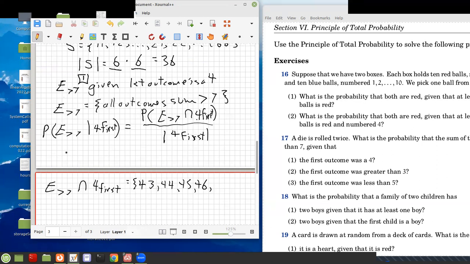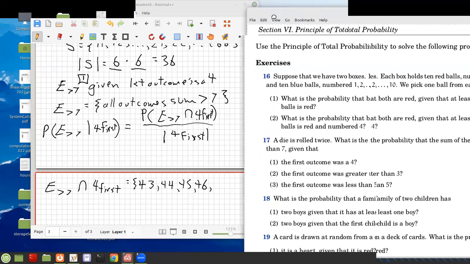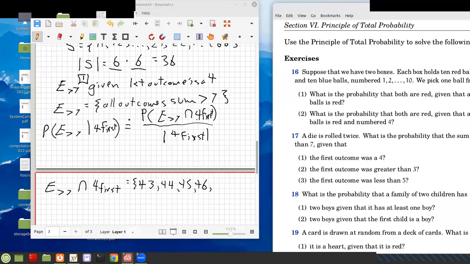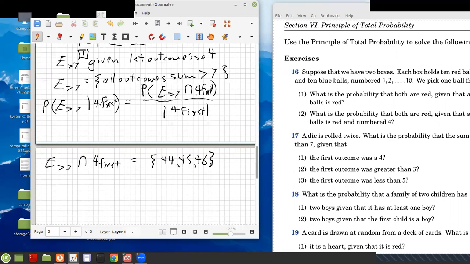Well, is 7 greater than 7? That actually lets out 4, 3, because it has to be greater than 7, not just greater than or equal to 7. So it looks like those are the only 3 elements in here: the sum is 8, 9, and 10.